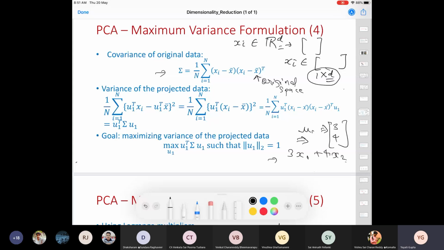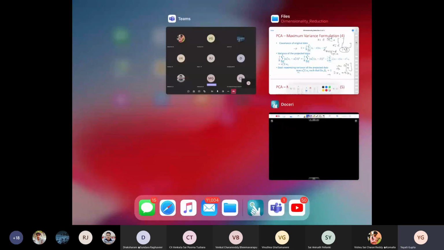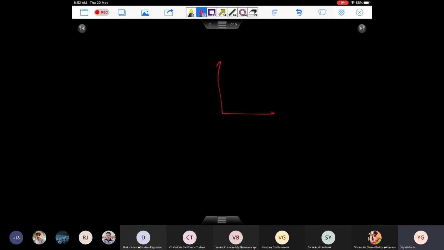If you look at this figure, this is x1, this is x2, and this is your u1.